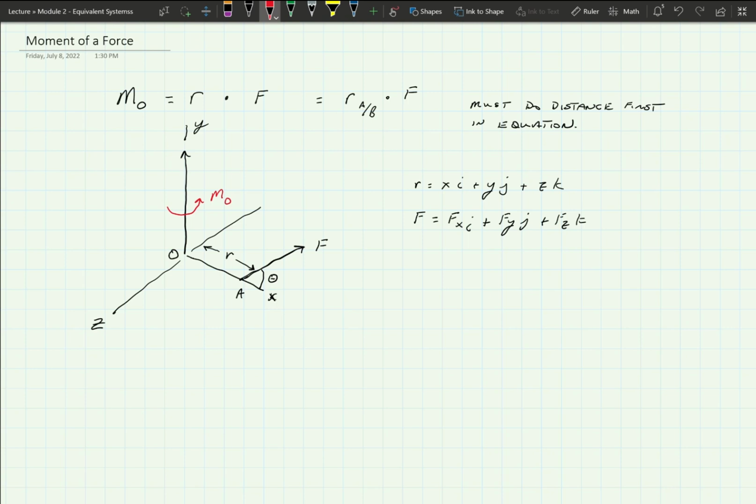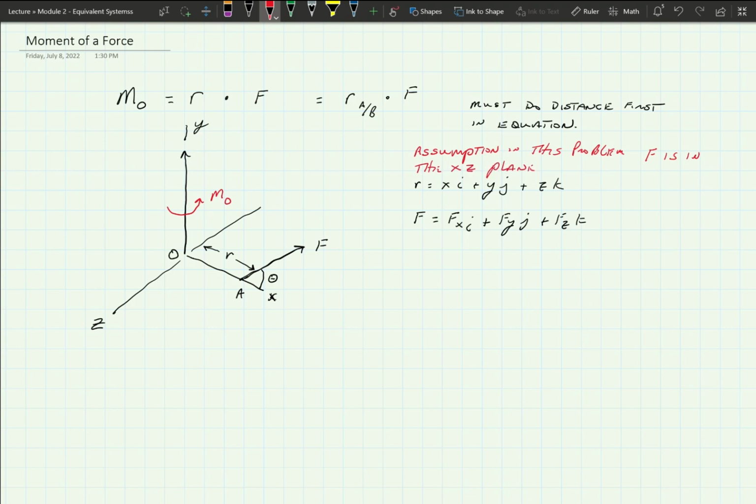Oh yeah, the other thing is, I should have done this. There's an assumption up here, just to this problem, not to every problem, that F is in the XZ plane.